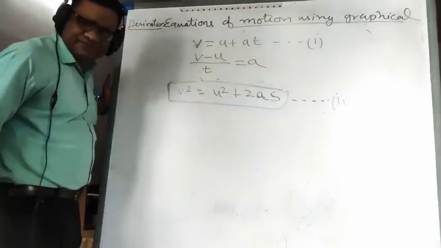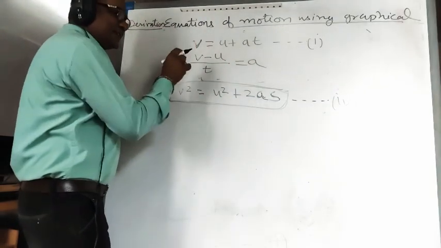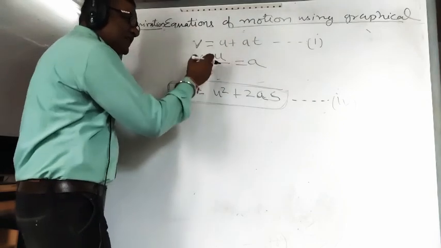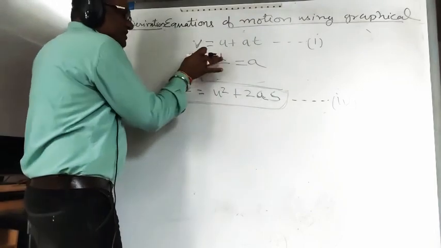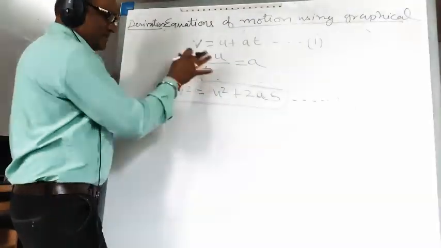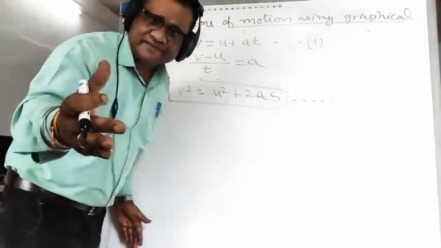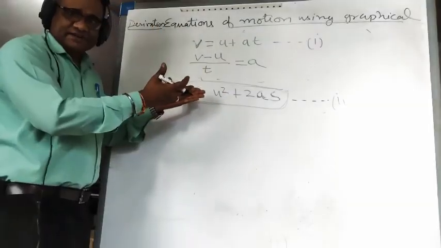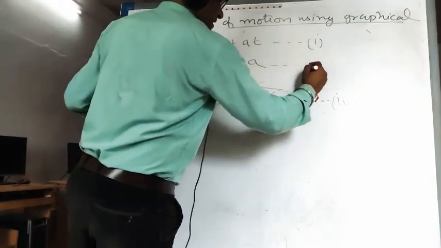By using the first equation, v minus u whole divided by t is equal to a. This is change in velocity divided by the time taken, which is called acceleration a. Let us call this equation number 5.